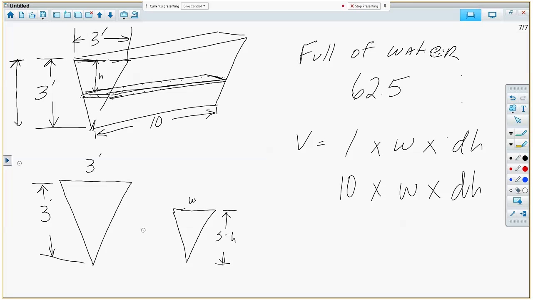Okay, so plug it in, you get the volume of the slice is equal to 10 times, oh, we have to work this out, sorry. 3 is to W as 3 is to 3 minus h. And we need what? W, Hubert.